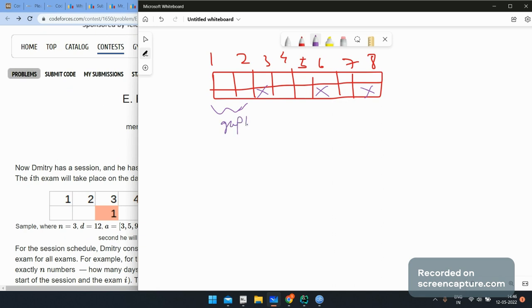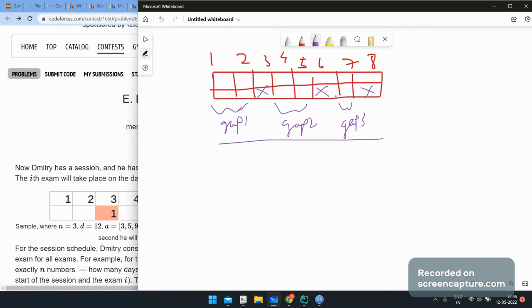So this is gap one, this is gap two, this is gap three. The author wants us to maximize the minimum gap.